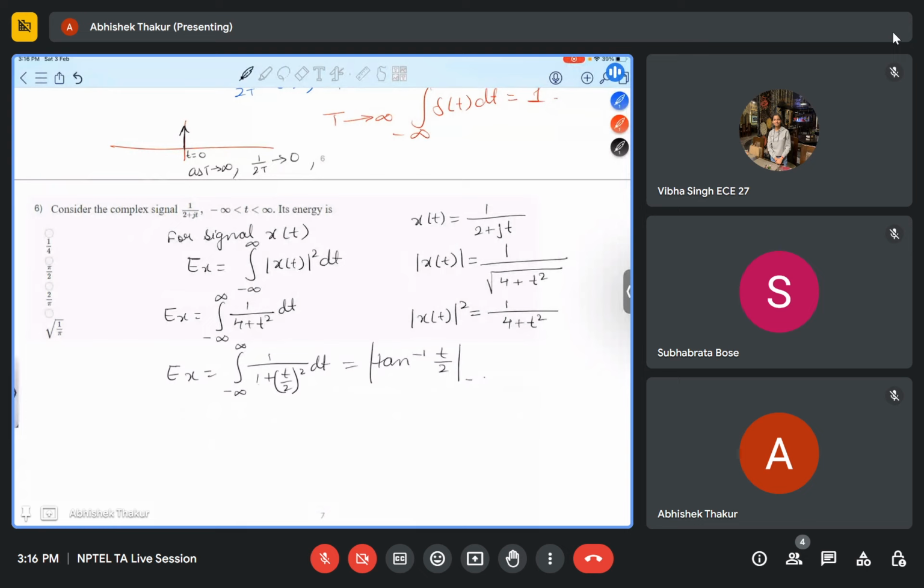Okay, so we are taking 4 common. So it will be 1 by 4 into 1 by 1 plus t square by 4, that is t by 2 square, dt.